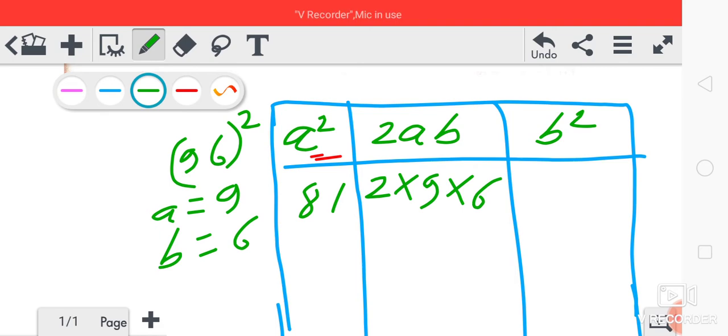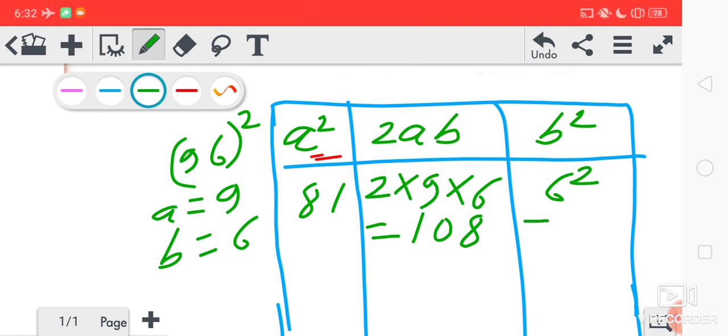How much will we get? 2 into 9 is 18, 18 sixes is 108. Now b square, what is our b? b is 6. So b square is 6 square. So 6 square, how much will we get? 36. Isn't it? We'll get 36.